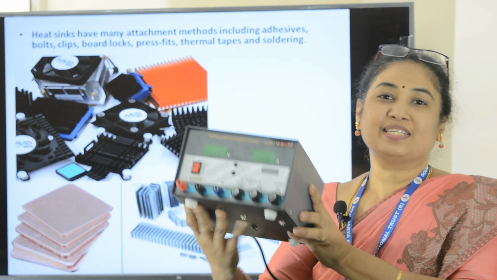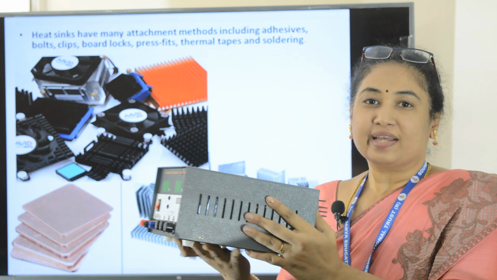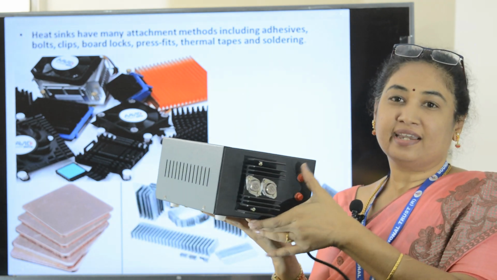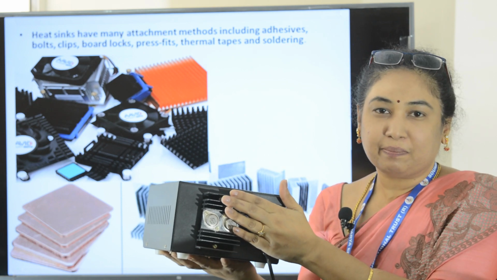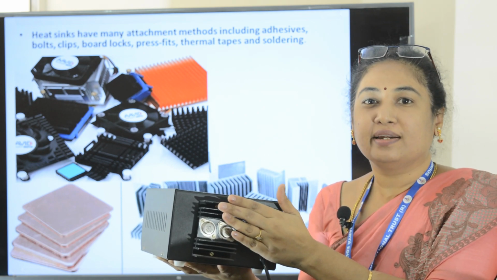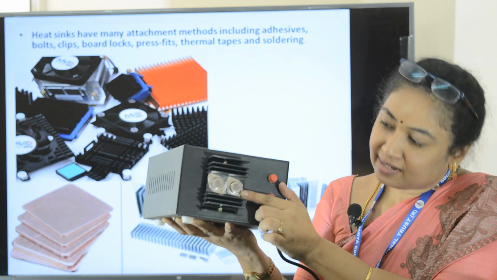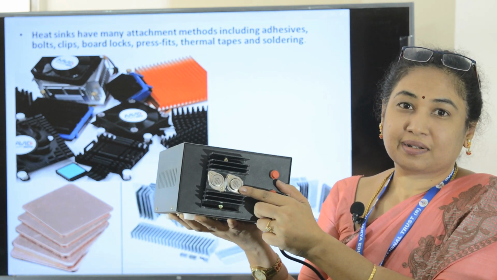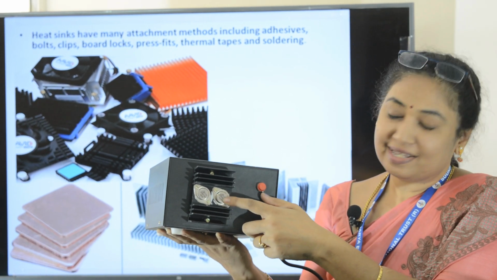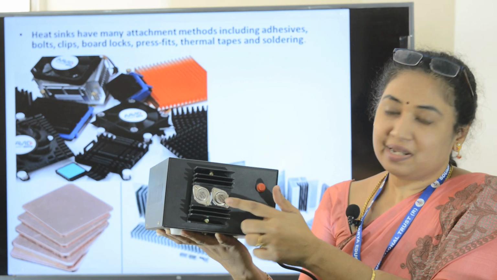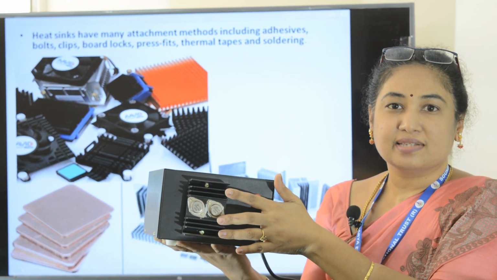So we have a power supply here, which we are using in our lab. You can see there is a heat sink attached to this power supply to remove the unwanted heat. This is a transistor. You can see the transistor here, manufactured by BEL, Bharat Electronics Limited. This transistor is attached to a metal plate, which is called the heat sink.